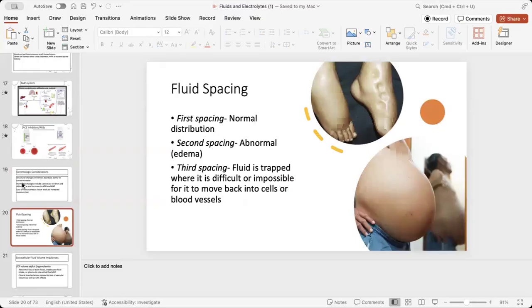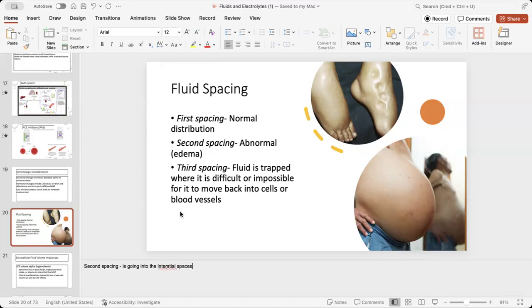Okay, let's talk a little bit about spacing, where fluid can shift when it comes to fluid spacing. Okay, first spacing is normal, that's that normal distribution of fluid throughout the body. Second spacing sometimes is just kind of your abnormal, more into your edema. So it goes into the interstitial spaces. So when will you see edema?